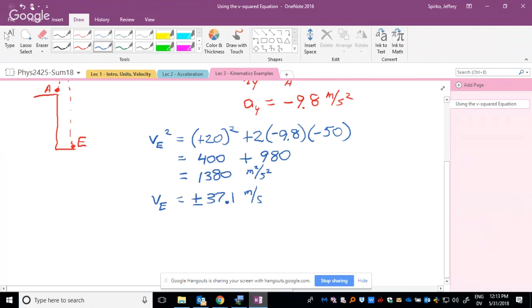And at this point, we have to make a physics decision. The math of the V squared equation, if we're solving for V, doesn't tell us whether that velocity is positive or negative, because the velocity appears in the equation as a V squared. So either the positive solution or the negative solution will solve the equation. It's kind of like the dilemma you come up with in the quadratic formula, where there's negative b plus or minus the square root of b squared minus 4ac.